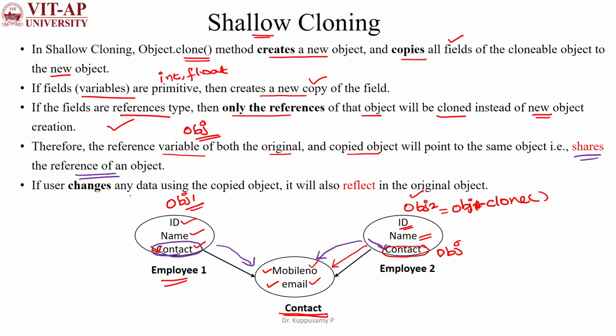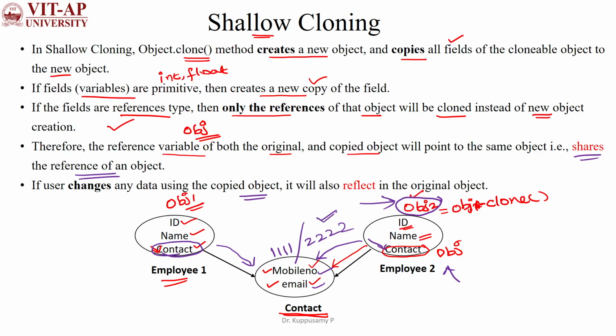If the user changes any data using the copied object, so this is the copied object here, now in the copied object, if I change the value of the mobile number, assume that the already existing mobile number is 4 ones. Now I am going to change this mobile number using object 2 to 4 twos.